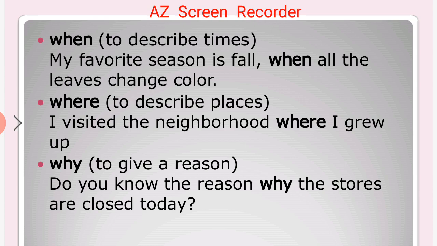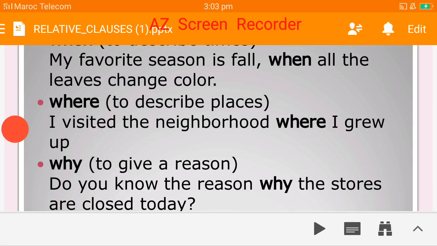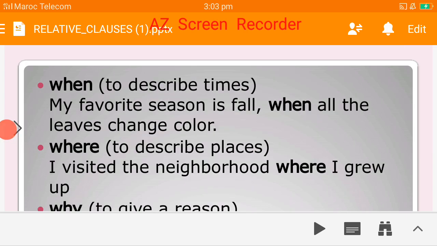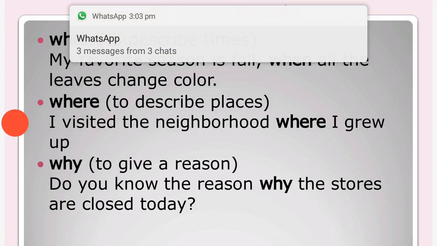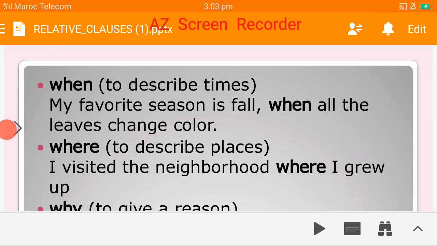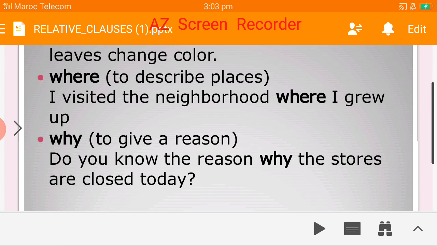My favorite season is fall, when all the leaves change color. So when refers to fall. And we have where, to describe places. I visited the neighborhood where I grew up. Where refers to the neighborhood.